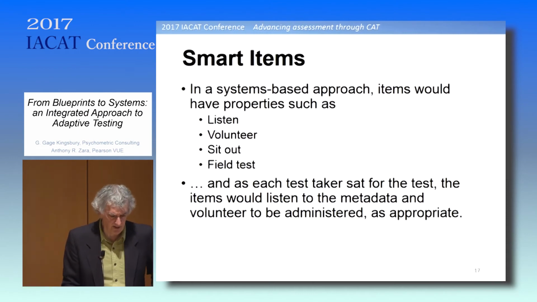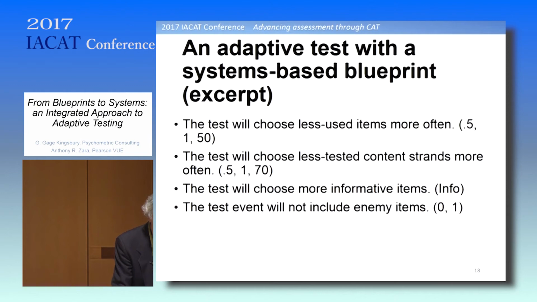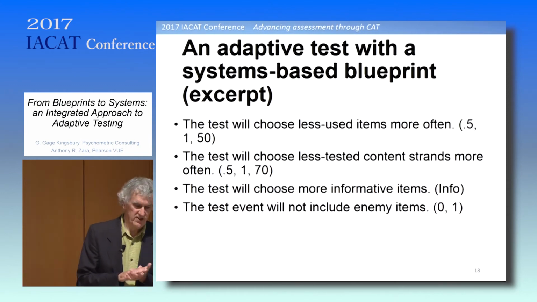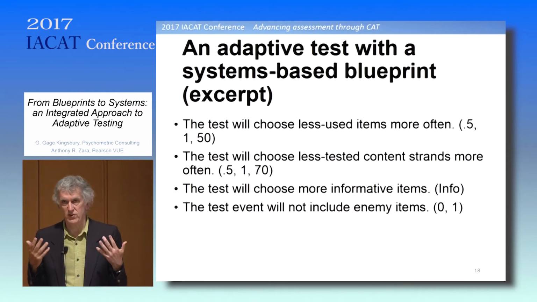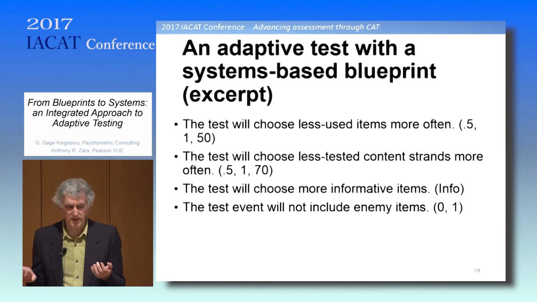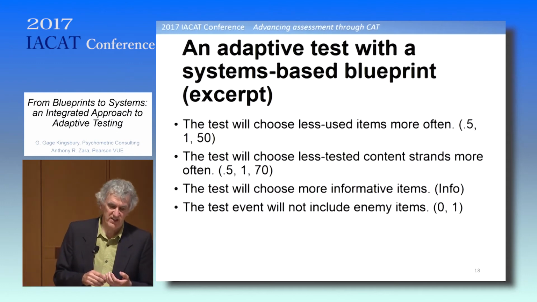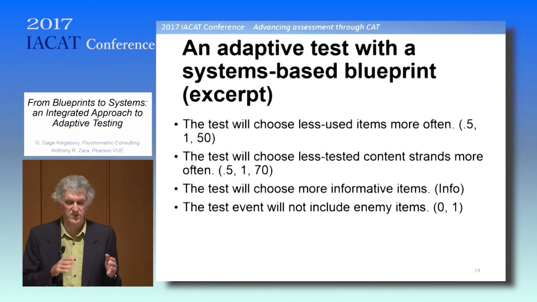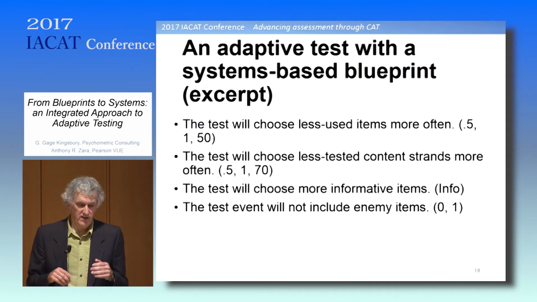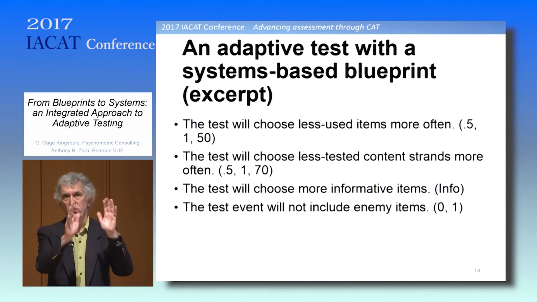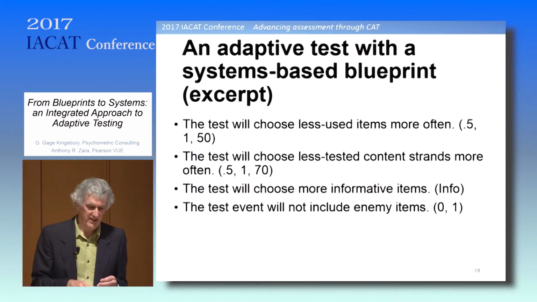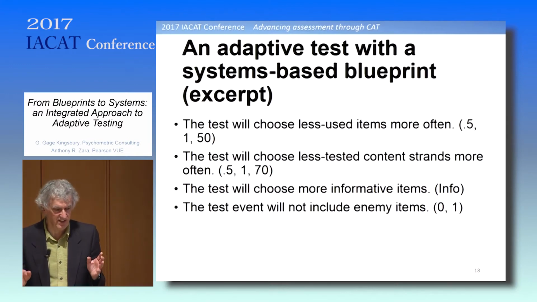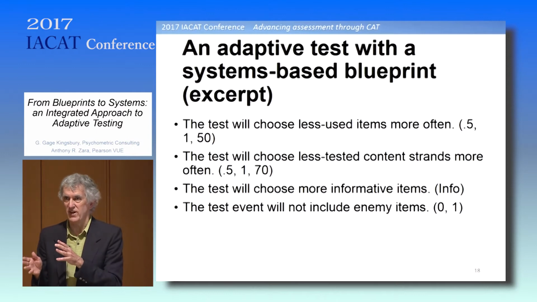And let me show you a little bit about how that might be done. Let's go back to this idea of an extended blueprint. And let's say in our extended blueprint, we want to choose less used items more. And so we give that a set of weights initially, and the weights are 0.5 if it's an overused item, 1 if it's an average used item, and 50 if it's a little used item.